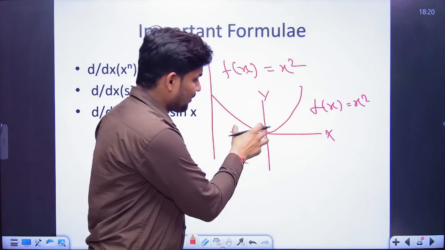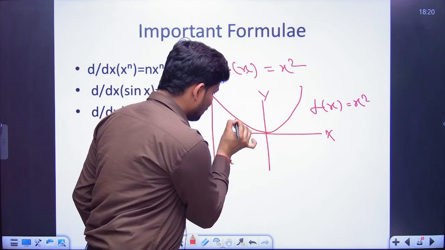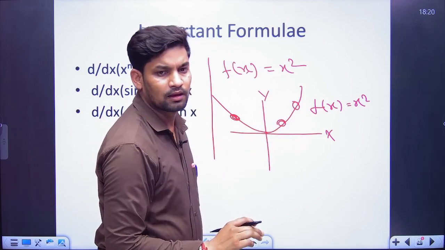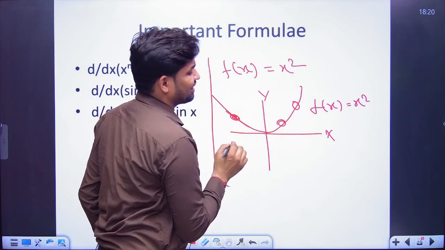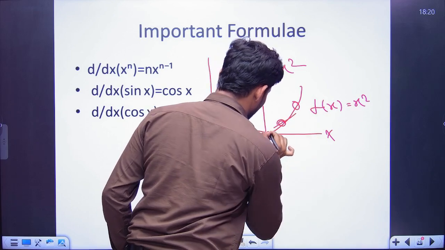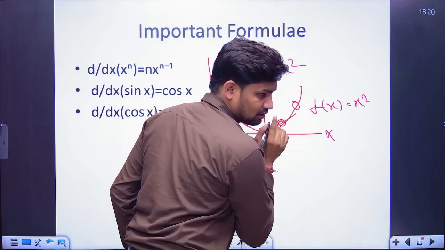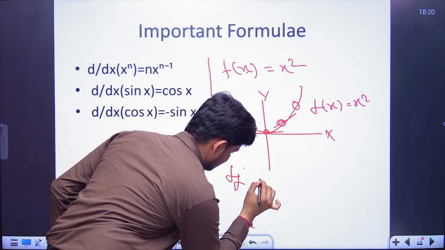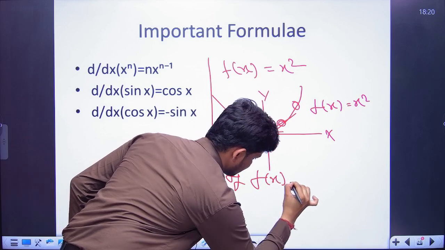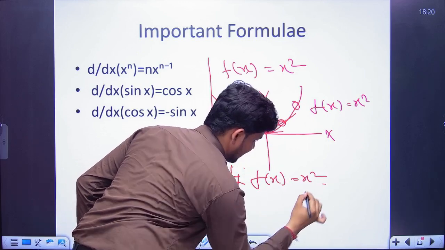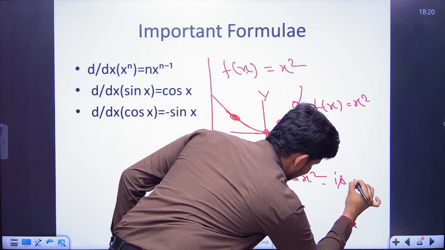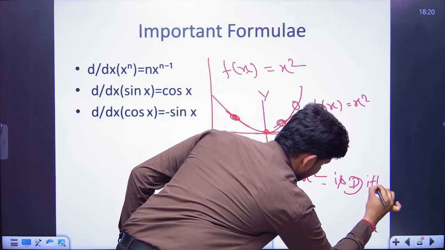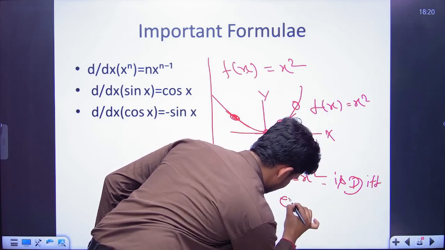It is the graph of a parabola. At any point of this graph curve, we have a unique tangent. Then f(x) equal to x square is differentiable everywhere.